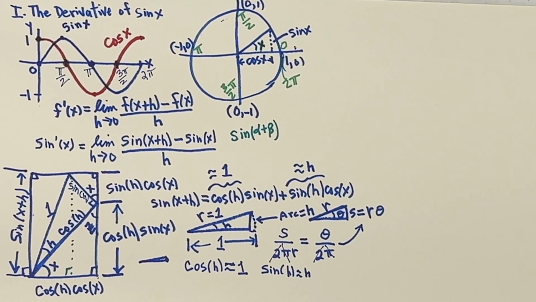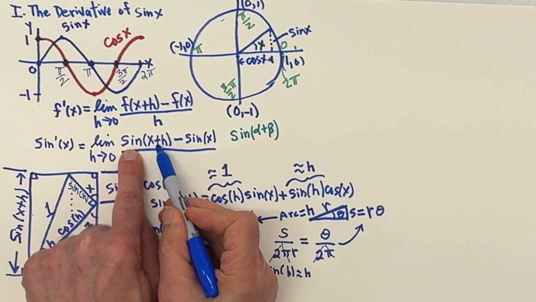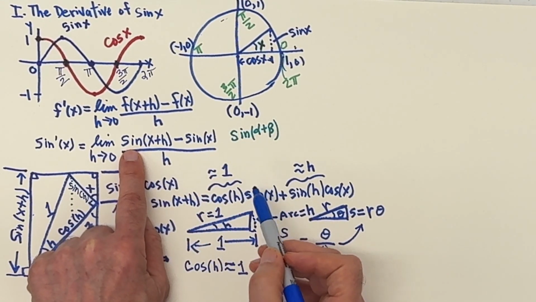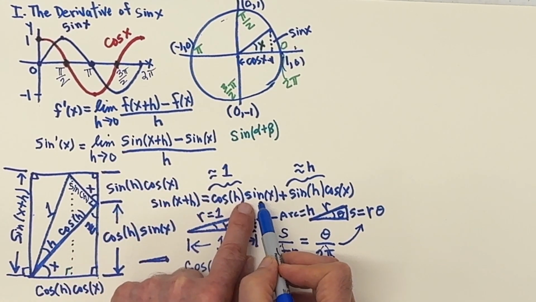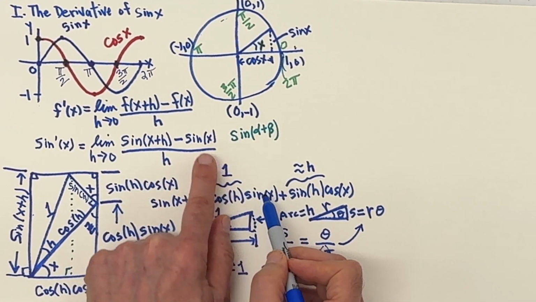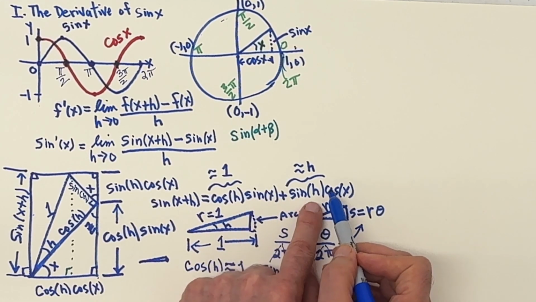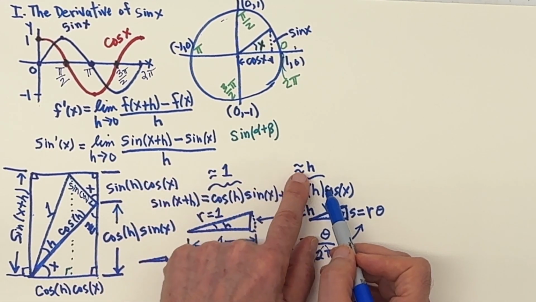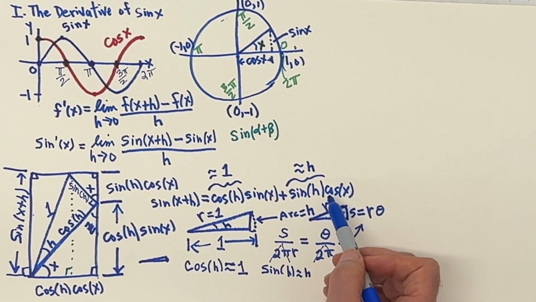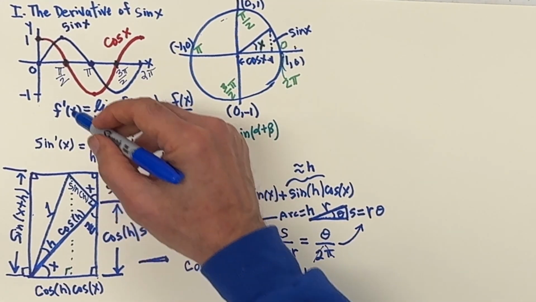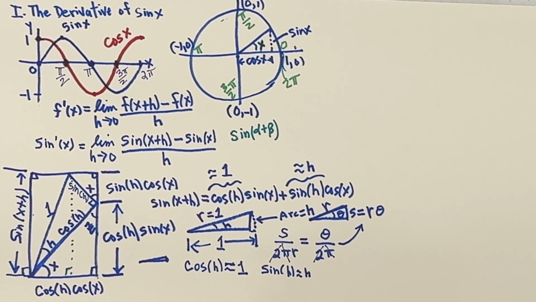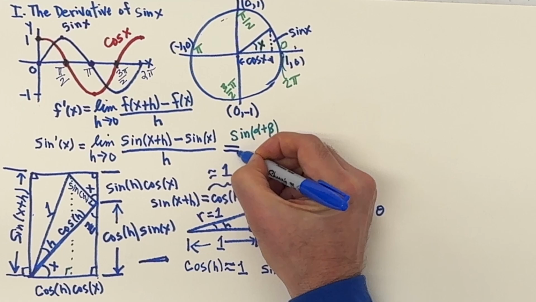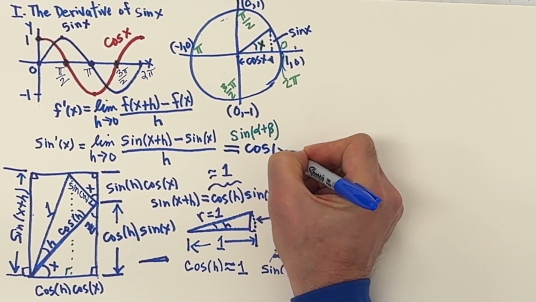So this goes up into here, you subtract the sine of x, and since we're taking that limit, that cosine of h is going to be approaching 1. This sine will cancel this sine. We'll be left with this in the numerator, but the h can then divide that h, and you're left with the cosine. And that's indeed what we were seeing might be a possibility by looking at the slopes. So the derivative of the sine is the cosine.